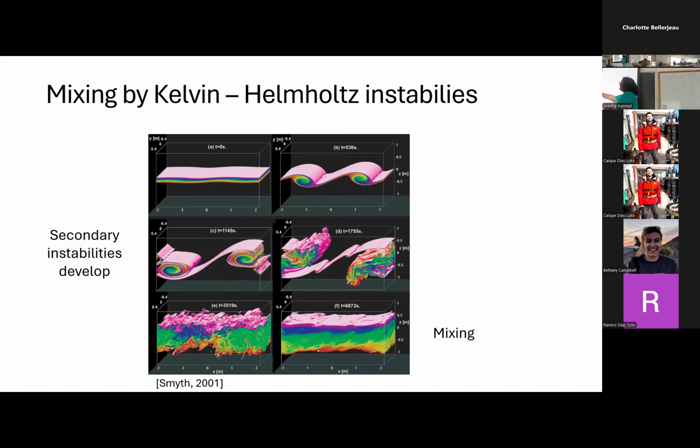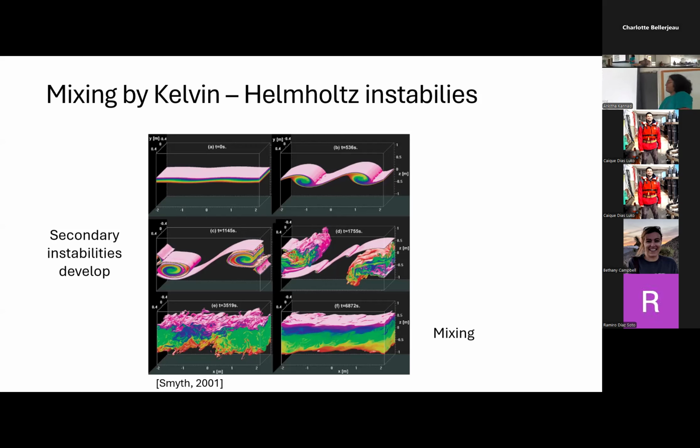And that then starts driving a lot of the mixing that we have. You can see overturning, so density gradients that are unstable, which we'll talk about next, that drive mixing. But you also see secondary shear instabilities that can also drive mixing.